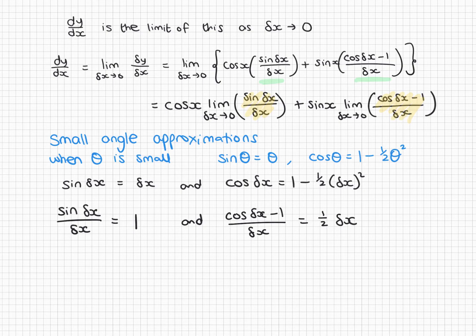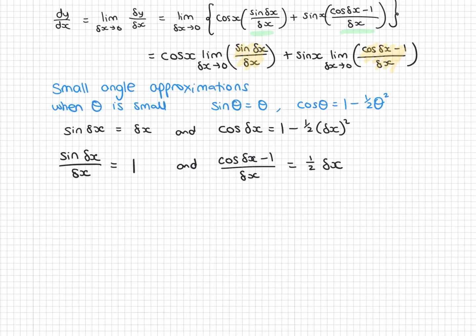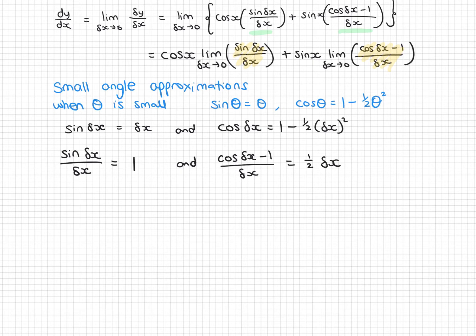If you sub that in, so if we put those into our equations, then the limit as delta x tends to 0 of sine delta x over delta x is just 1.